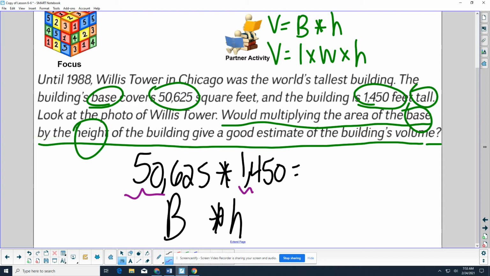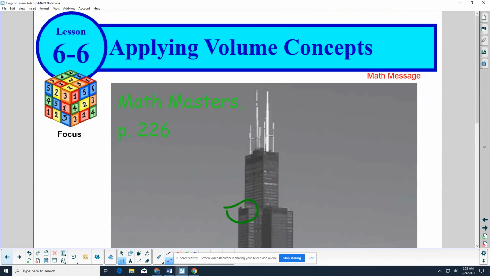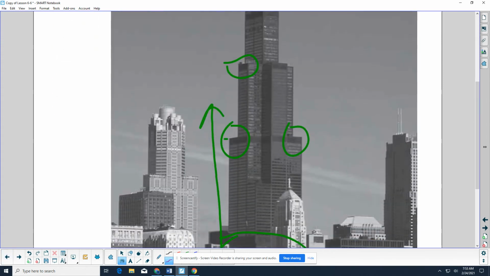But go ahead and take a calculator and multiply those numbers. So we know we're doing base times height. And remember, this is an estimate because they took the one height, and when we look at the image, we can see that there are multiple sections here that have different heights. But they took the highest point from the ground.